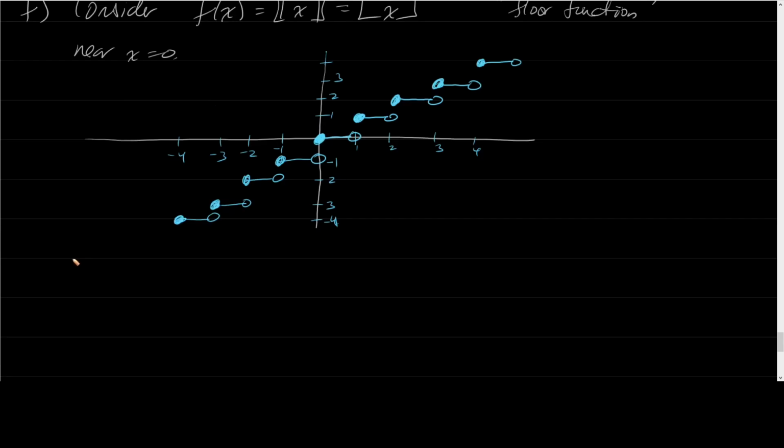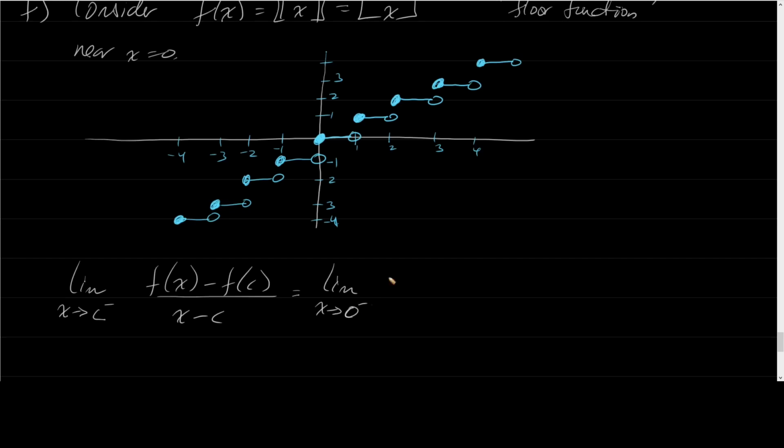Using the alternative definition, I'm going to write the limit as x goes to c from the left of f of x minus f of c, all over x minus c. Since we're approaching 0, we have the limit as x goes to 0 from the left of f of x minus f of 0, all over x minus 0.